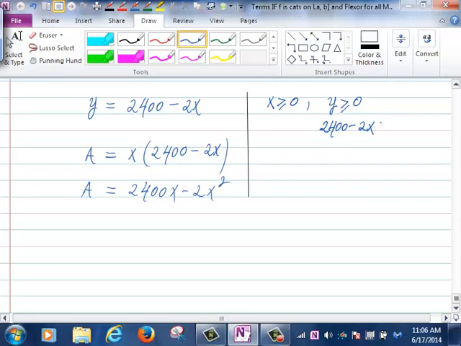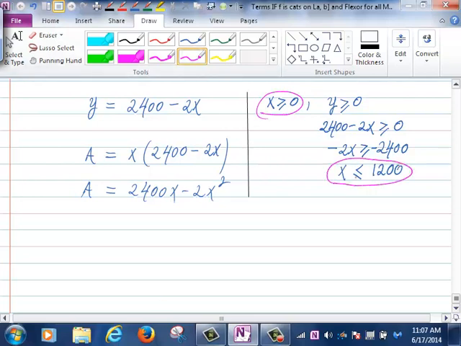So that also tells you that this has to be non-negative. And from there, if I solve for x, what do I get? This says negative 2x is larger than or equal to negative 2,400, right? And then x is less than or equal to what? 1,200.